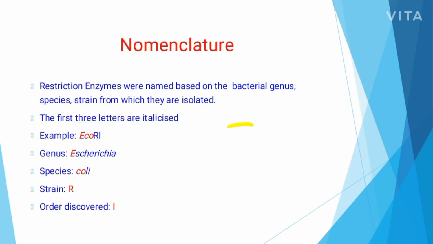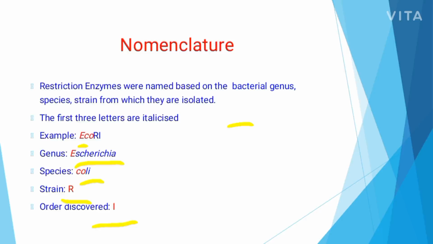The first letter represents the genus name Escherichia, and the next two letters represent the species name coli, and the next letter represents the strain, that is the E. coli strain is R, and the last one is represented in Roman numeral 1.